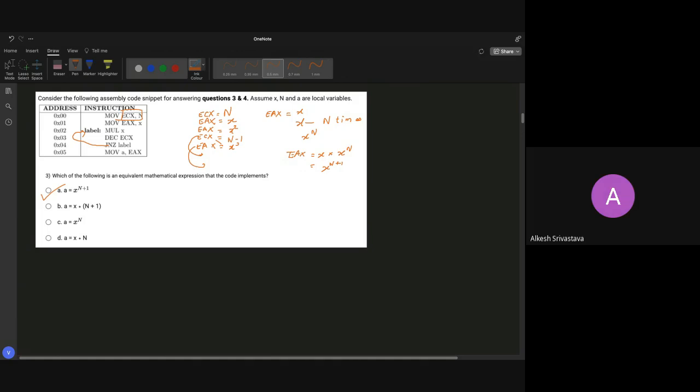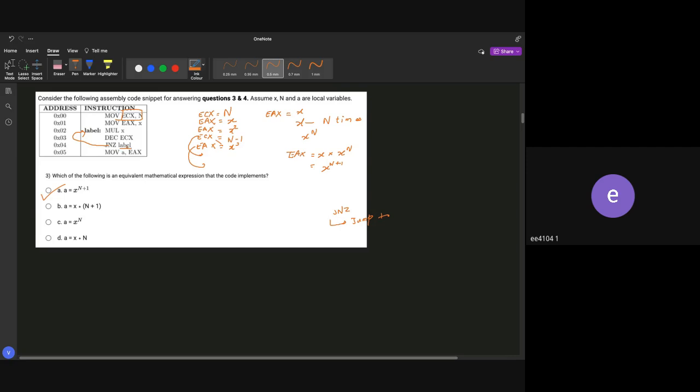Ma'am, can you please explain that JNZ and label part? You mean this JNZ, right? Yes, yes. So what it will do is jump to whatever label is there. It could be anything. So whatever label is there, it will be already defined somewhere.